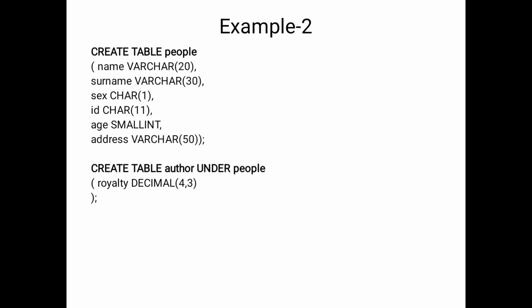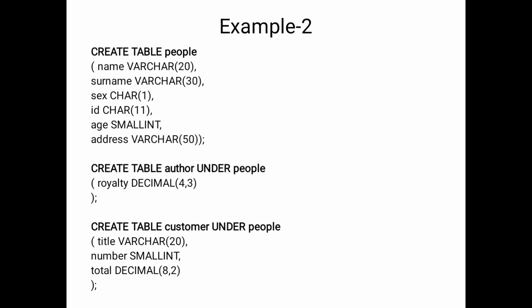Okay, now we will consider another table. Please observe here. Here I will consider another table, with the table name customer. Under supertable people here also. Okay, that means here in the customer table we will consider all the fields of people and all the fields of customer also. Okay, finally what are the fields available in the customer table?